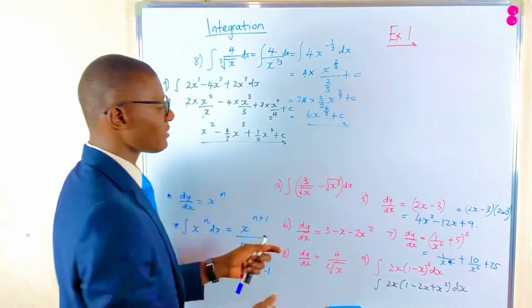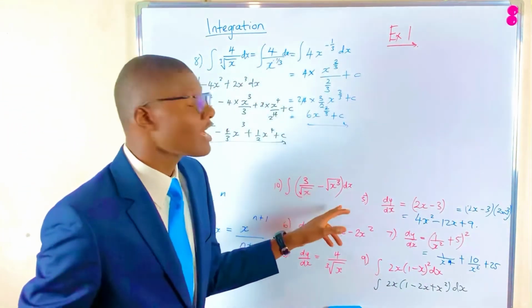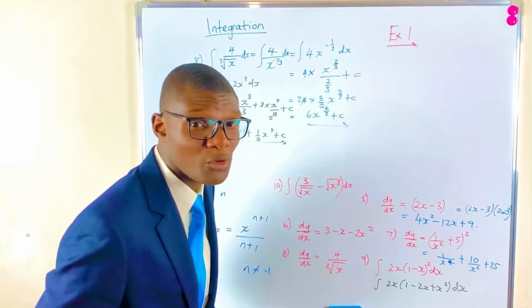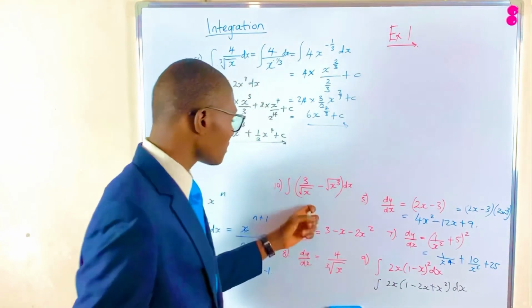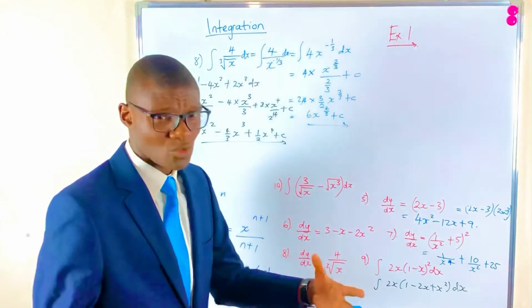Okay, so for number 10, we need to integrate 3 over the square root of x minus the square root of x to the power of 3. As well, we need to remove these square root signs and probably put this in the numerator, such that it makes more sense.